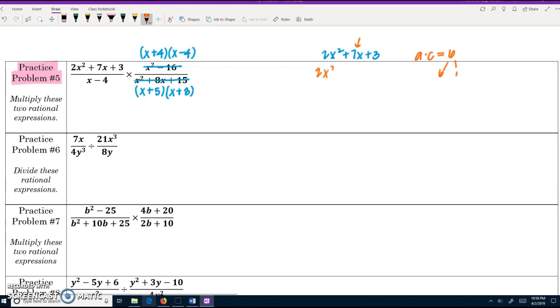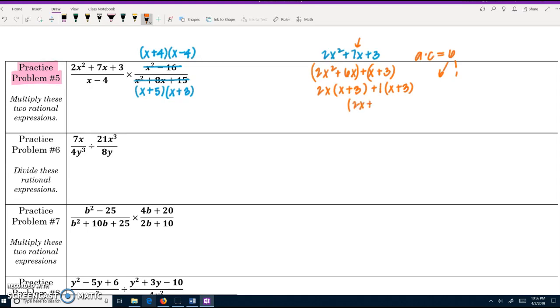So I can rewrite my expression as 2x squared plus 6x plus x plus 3. I can group my first 2 terms and my second 2 terms. I'll bring a 2x out in front here, and I'll have x plus 3. Then I already have x plus 3 on the right, so I can just bring out a 1.